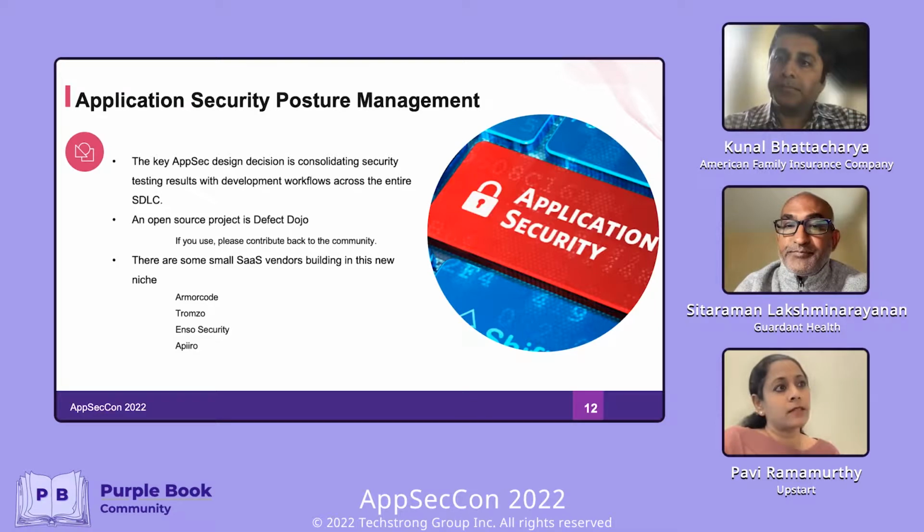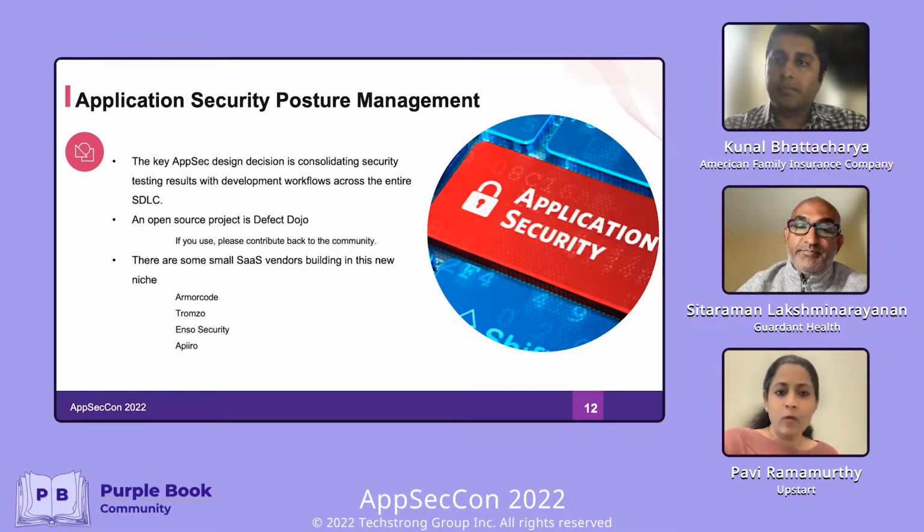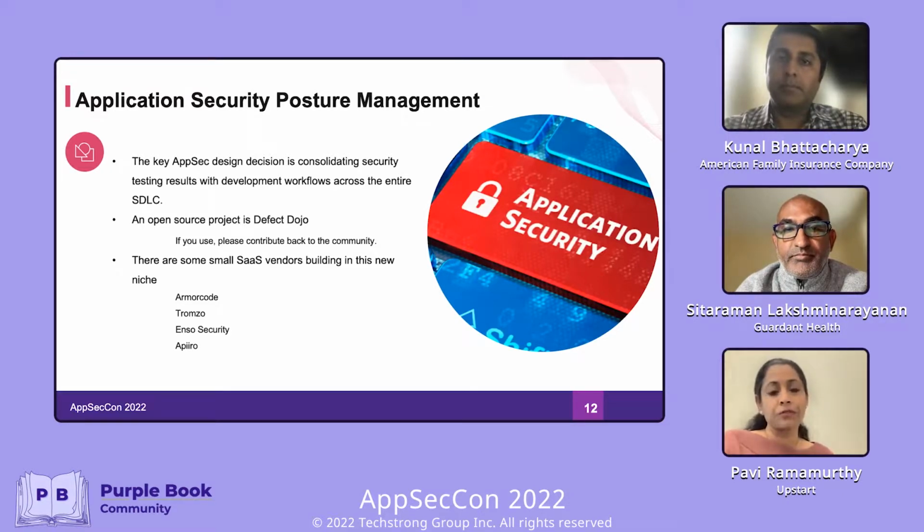See, to Ram's point, right? As I said, it's great, whether you're building or buying, and then you have a list of all of these issues. It's totally irrelevant if no one is fixing those. It's totally irrelevant if you're not pushing to fix those issues, if you don't have clearly defined SLAs. So pick a single pane of glass platform that works for your organization's needs, and then have that continuous traction throughout the life cycle of that issue to help the developers understand why it is important for them to fix it, and to fix it within the SLA.